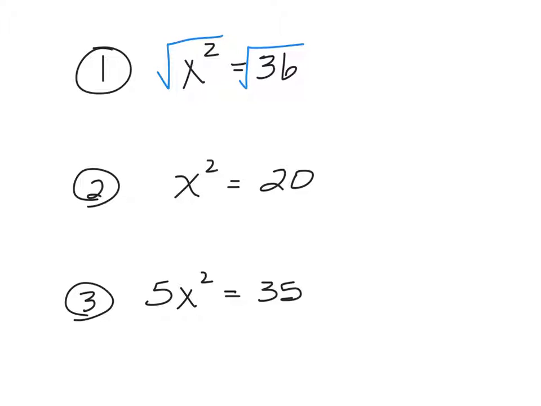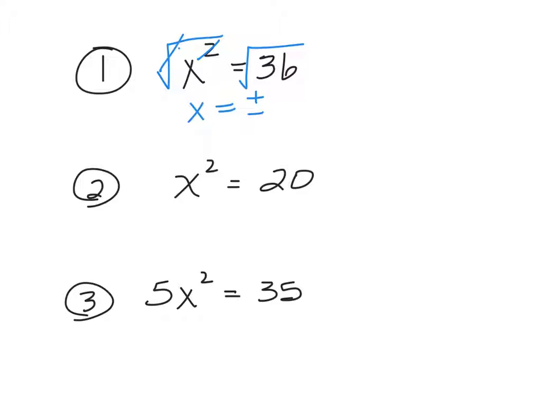When I do that, the x squared, the square term, and the square root essentially undo each other, or they cancel each other. So I'm going to be left with an x on the left side equals, and because I took the square root of a number, I have to have plus or minus.